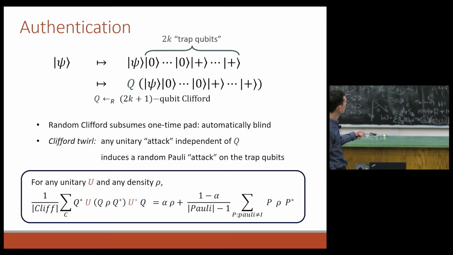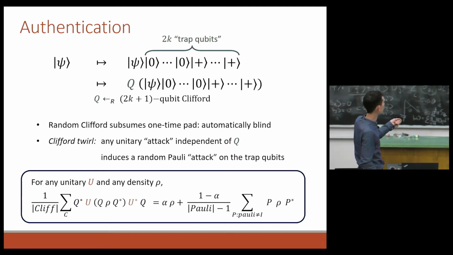So it's called the Clifford twirl because it says that whatever unitary you try to apply on the outside, on top of the encryption, or the authentication, which is the thing that you're going to be given, when the verifier later tries to undo the authentication without knowing whether U was applied or not, the effect of this U lies outside of your control. It's going to look like with some probability you didn't do anything, and with some probability you applied a random Pauli. You couldn't have applied something that you control if you don't know what the Clifford operation is.